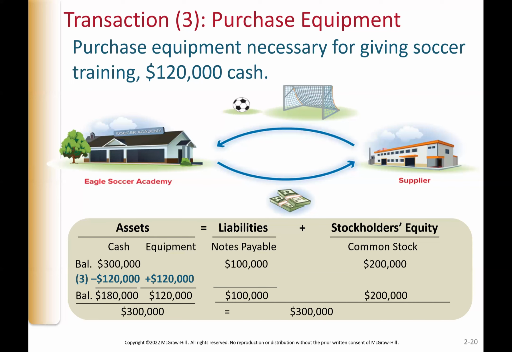Yeah. They do. Now, instead of it affecting both sides of the equation, this particular transaction, both were assets. One went up, one went down, but we're still in balance, aren't we? Does that make sense?